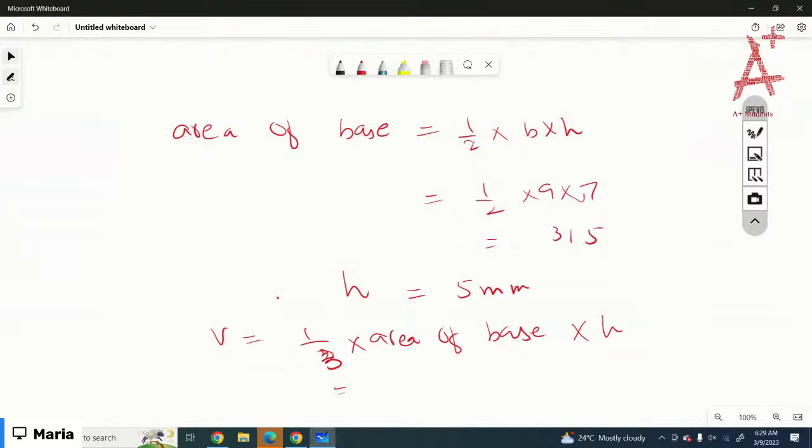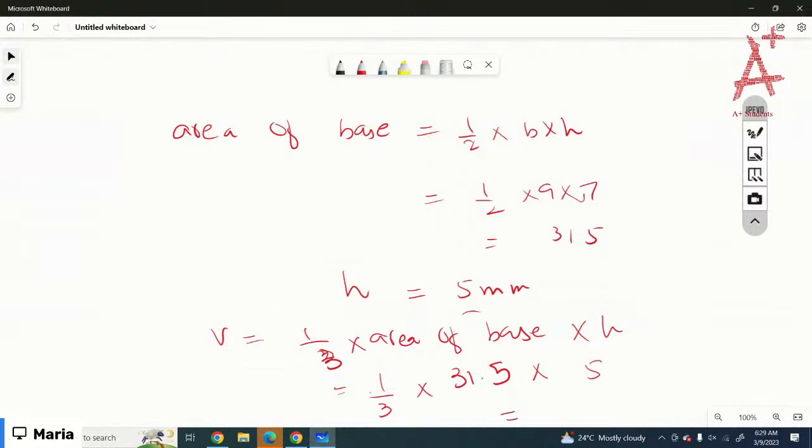So it is 1 by 3 times area of base, which is 31.5, and height is 5.